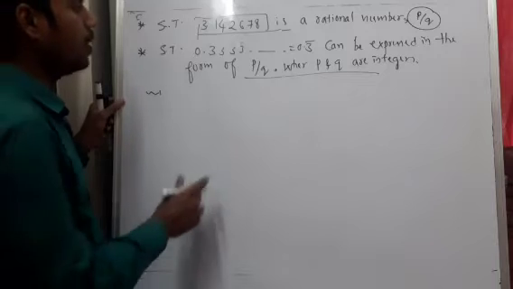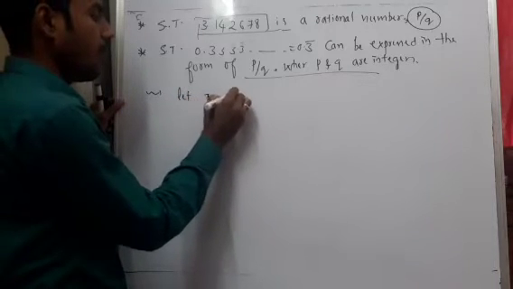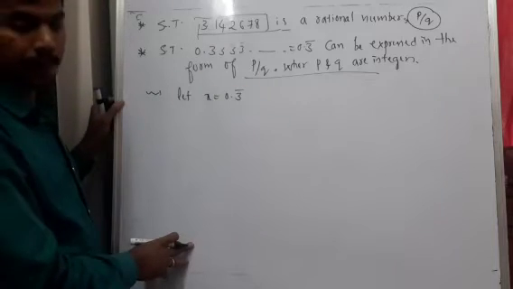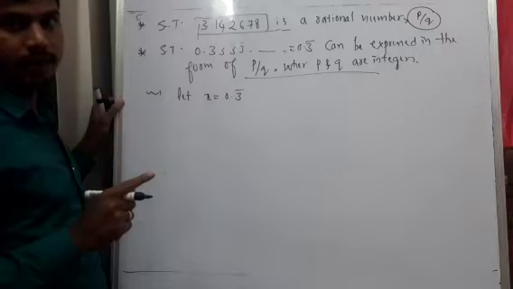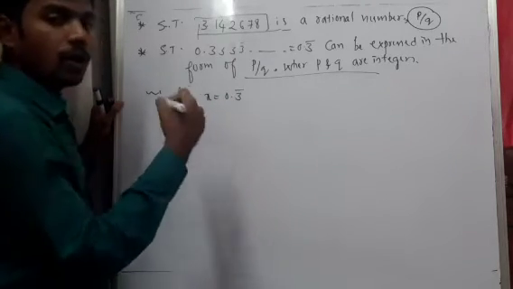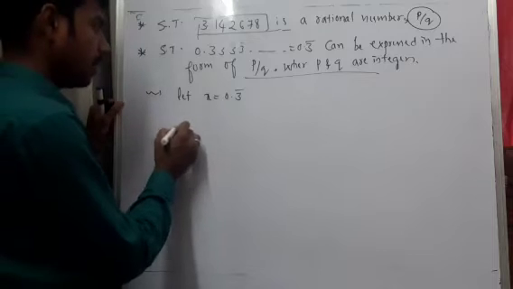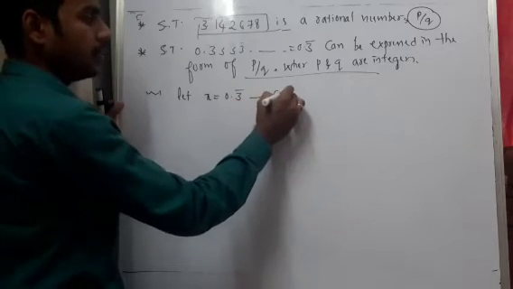First, let x be equal to 0.3 repeating. How many digits are repeating? One digit is repeating, so you need to multiply with 10. We'll call this equation 1.